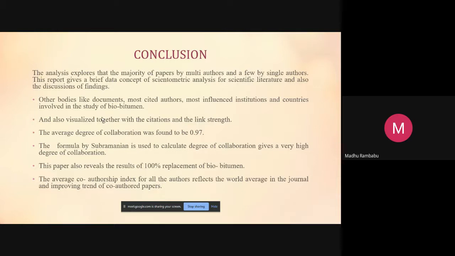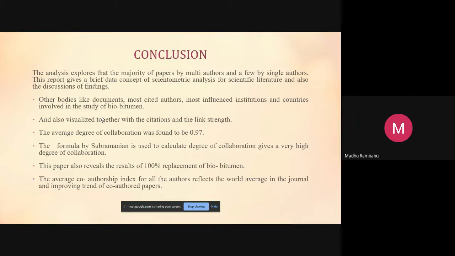And the scope of this is that it provides valuable assistance to librarians and documentalists in central scientific agencies, and we can also develop scientometric analysis for different topics, not only for biobitumen. We can go with any topic.